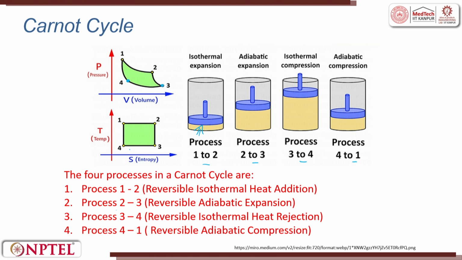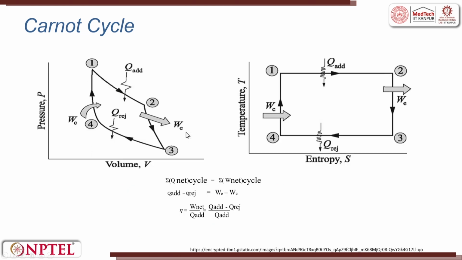If you see the TS diagram, it looks like a simple rectangle. The same thing we dealt with in the previous slide: add, reject, work E, work C. Work E is work of expansion, and here it is work of compression, volume change.